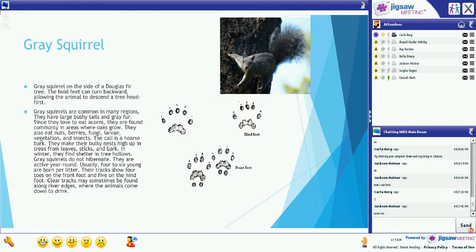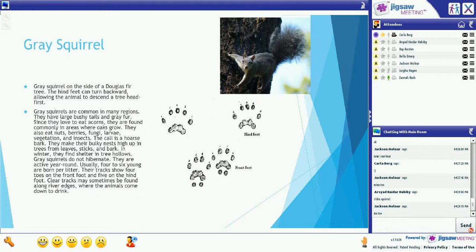The call is a whistle bark. They make bulky nests high up in trees from leaves, sticks, and bark. In winter, they find shelter in tree hollows. Gray squirrels do not hibernate.